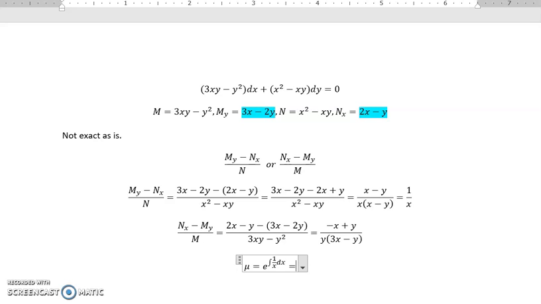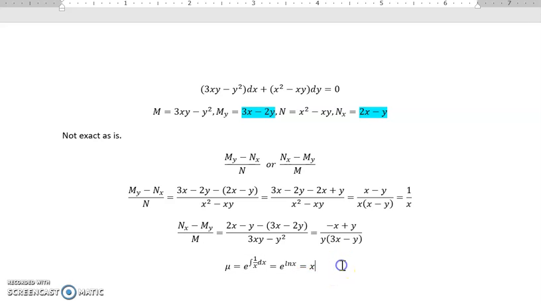And we're integrating with respect to the variable that is here. So this is 1 over x dx, and we get e to the ln x. And the e and the ln can cancel, and we're left with x.